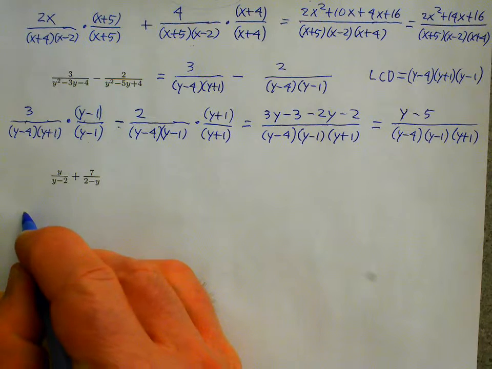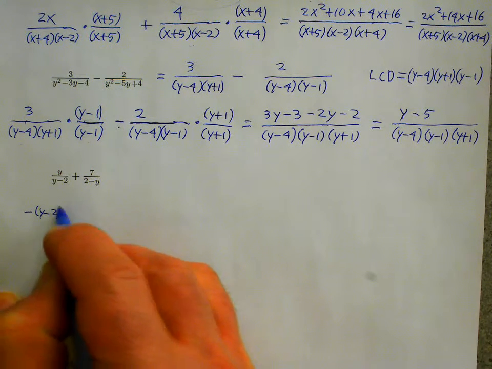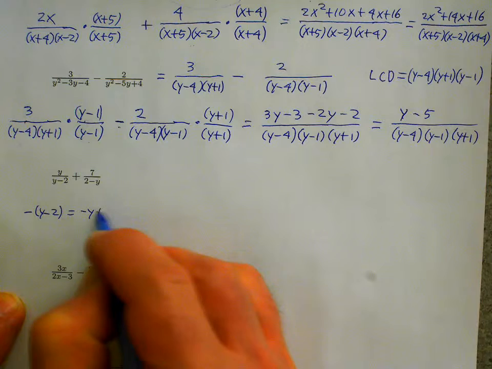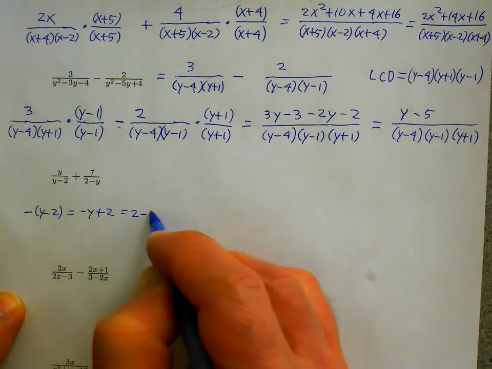If you take the negative of y minus 2, you get negative y plus 2, but that can be written as 2 minus y.